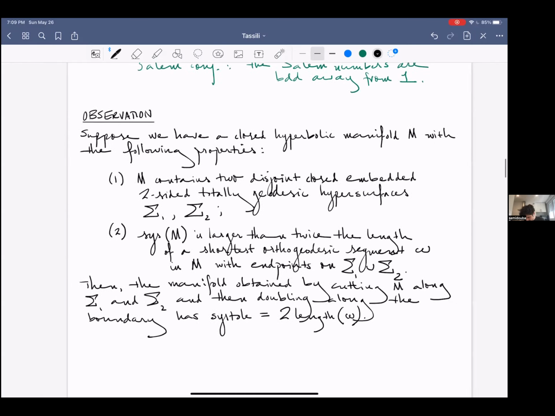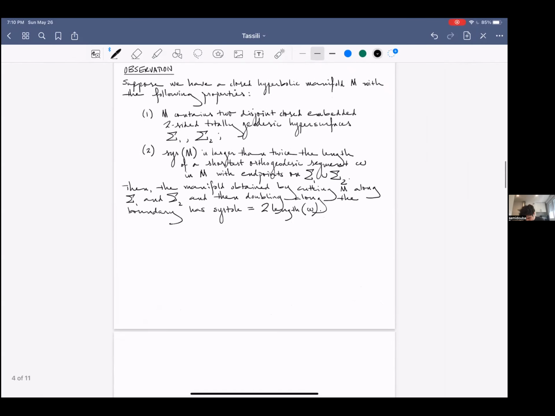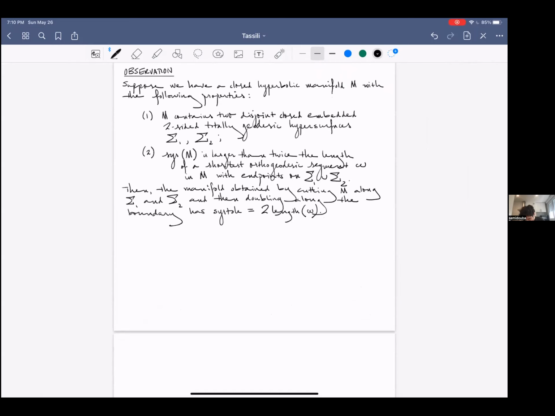So, let me try to draw a picture. So we take a hyperbolic manifold M with two totally geodesic hypersurfaces, sigma 1, sigma 2, and an orthogeodesic omega of minimal length between them.